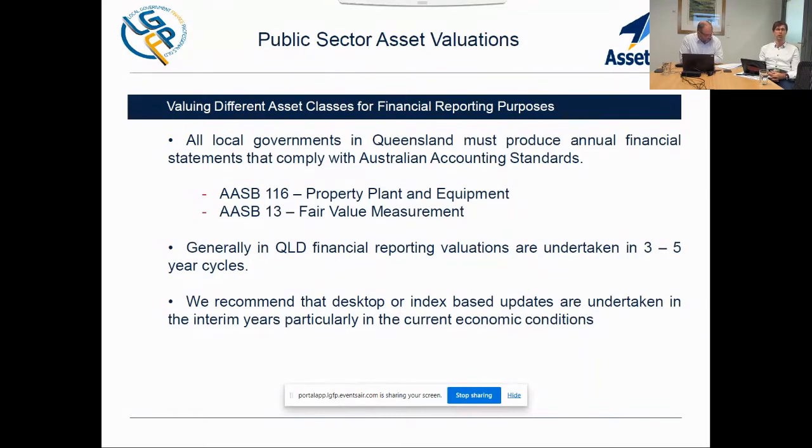We're starting to see some pretty substantial tailwinds in prices in a lot of assets. So it's really important that in the interim years between the comprehensive valuations, everyone's looking at their asset classes and what sort of materiality is eventuating in those given years.